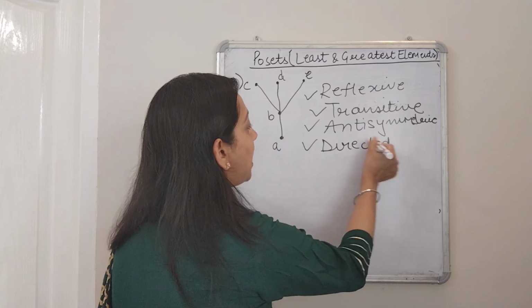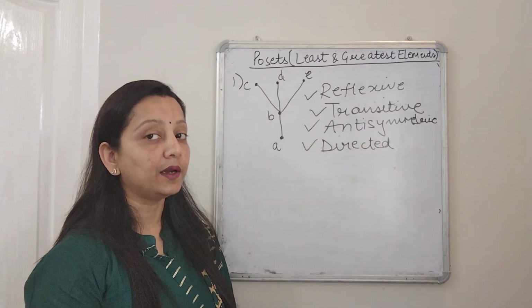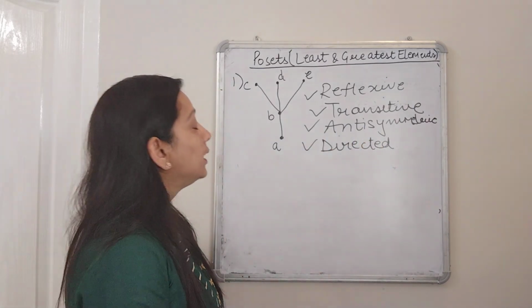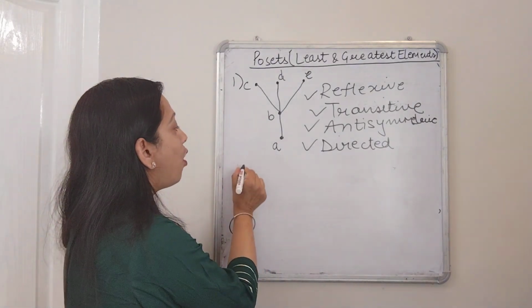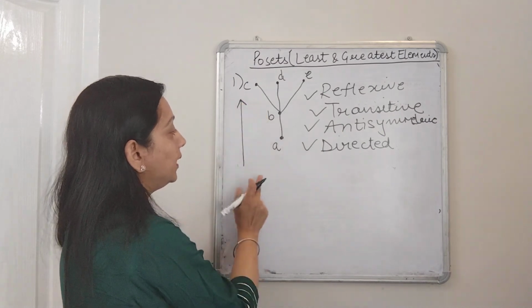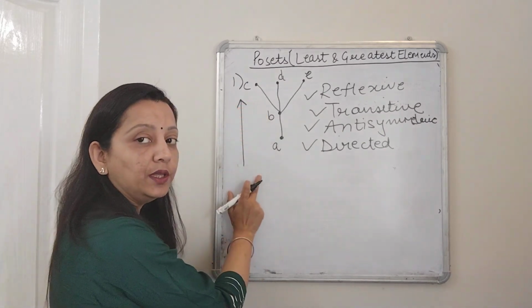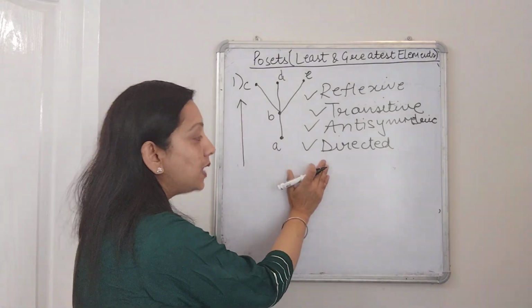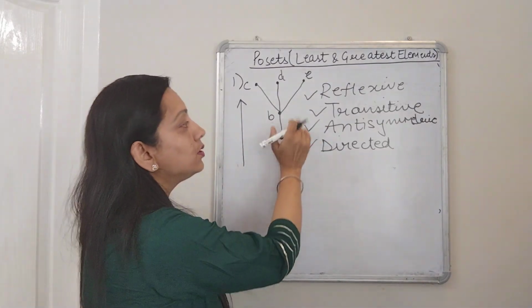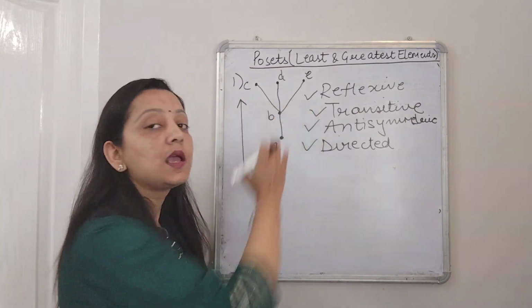So this Hasse diagram will also be directed, and the direction of the relation goes from bottom to top, down to up. It is directed, antisymmetric, transitive, and reflexive.